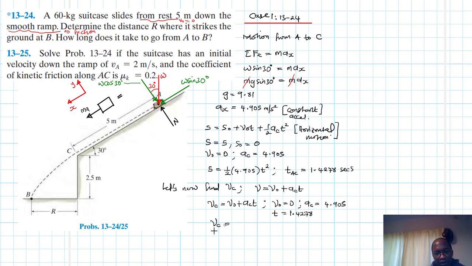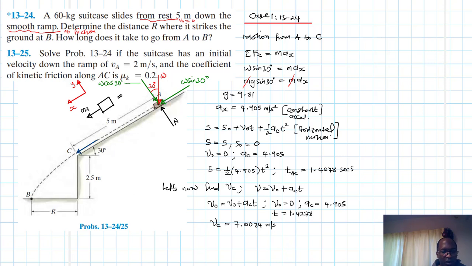Therefore VC is equal to 1.4278 times 4.905, which is 7.0034 meters per second. So we found the velocity here. Again, there are a lot of ways of finding this velocity.